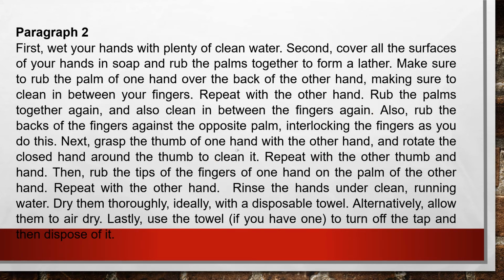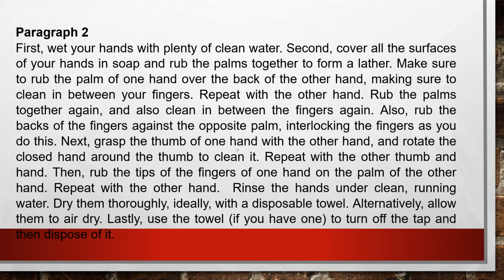Paragraph 2. First, wet your hands with plenty of clean water. Second, cover all the surfaces of your hands in soap and rub the palms together to form a lather. Make sure to rub the palm of one hand over the back of the other hand, making sure to clean in between your fingers. Repeat with the other hand.